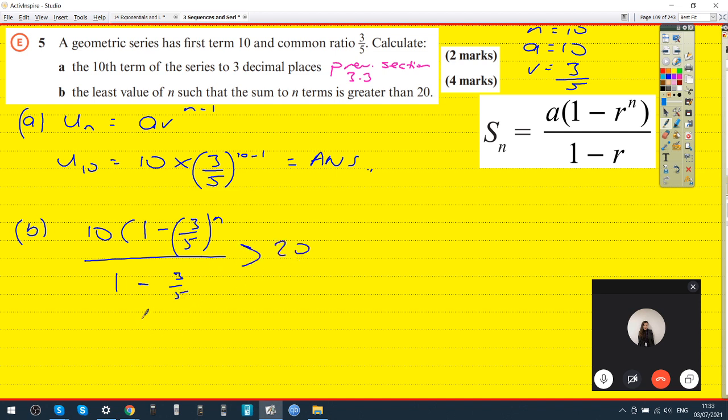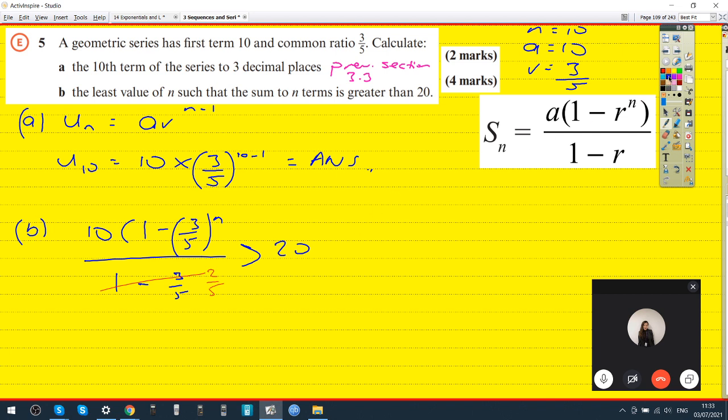That's it. Alright, let's try this. So you can simplify the bottom first. It's 2/5. Next? And then could you do 1 minus 3/5 again on the top?